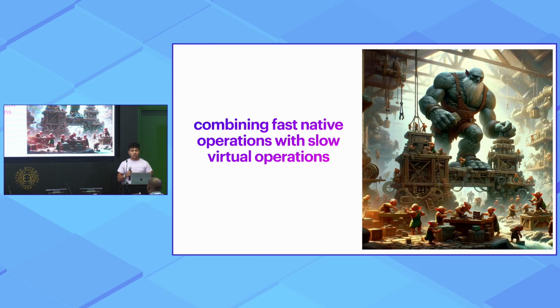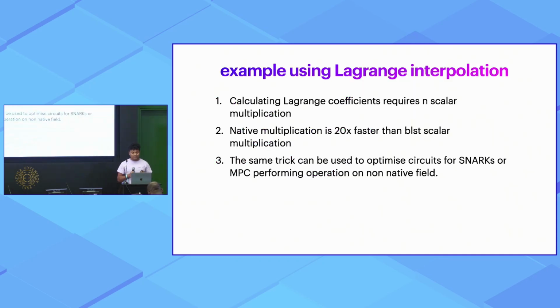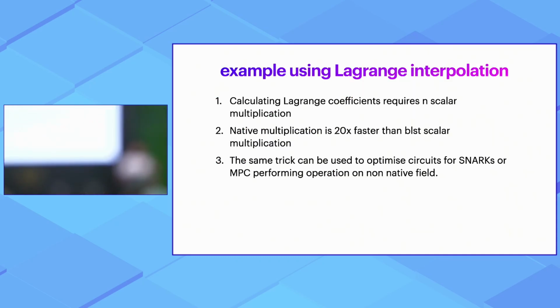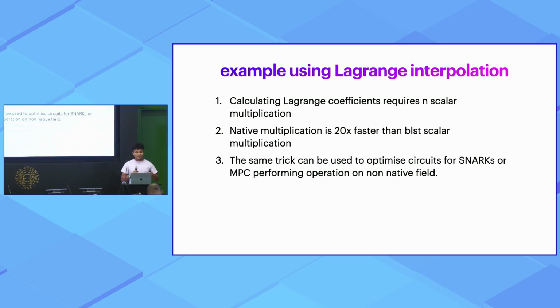Or in terms of circuits, when you perform an operation in the native field, it's very fast, but if you perform an operation in a bigger subfield, it can be much slower. So how can we optimize that? A very intuitive trick is to just use the native operations whenever you can and only fall back to non-native operations when really needed.